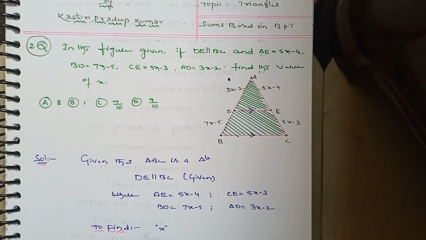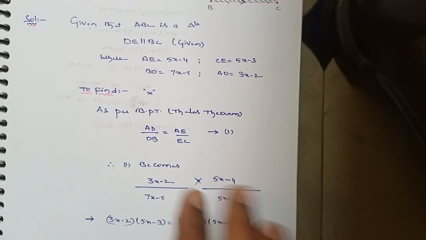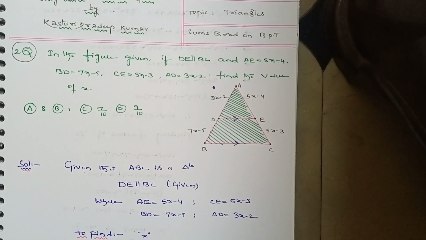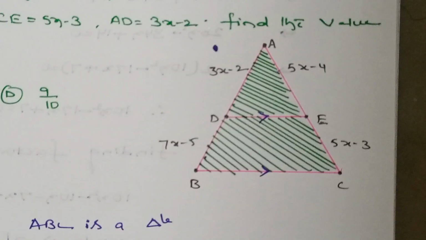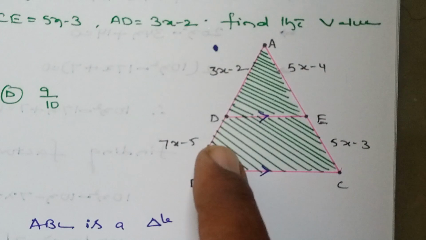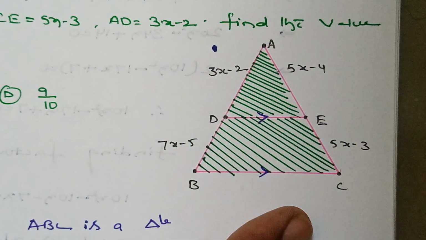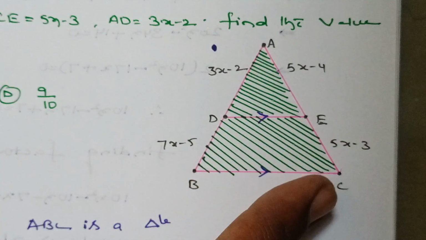That is the concept. Now as per BPT, in the triangle, AD by DB equal to AE by EC guys.